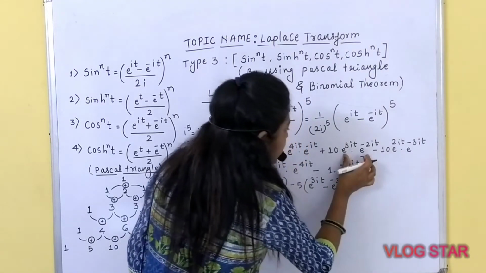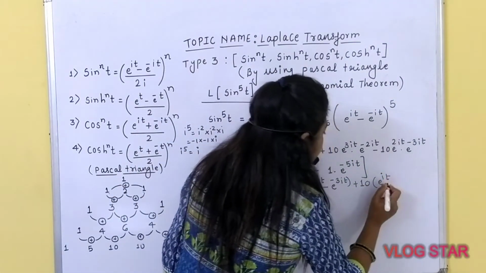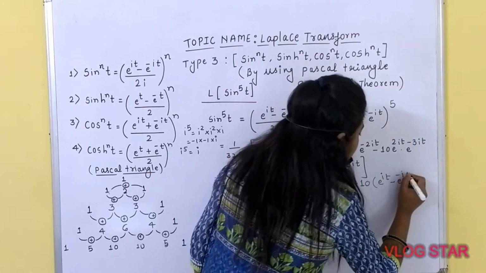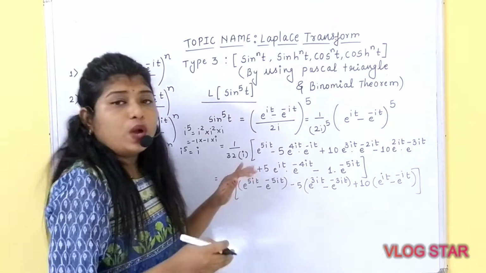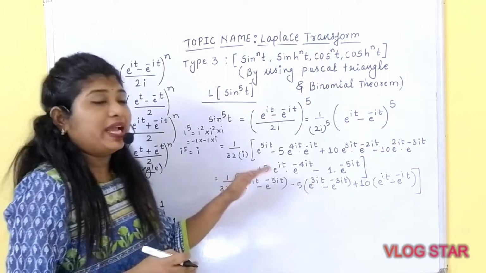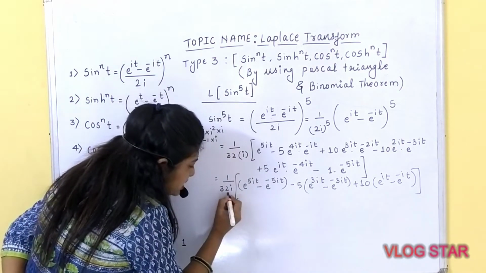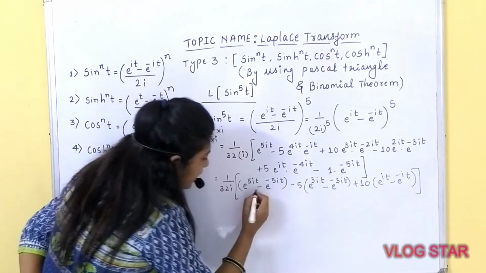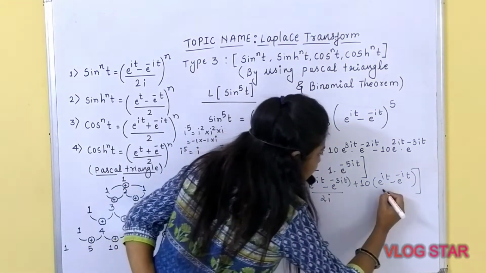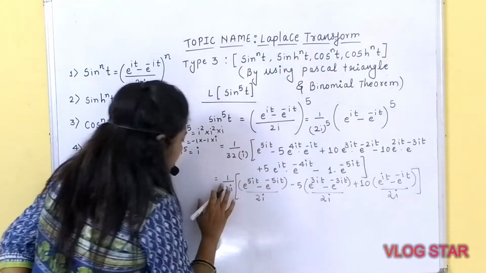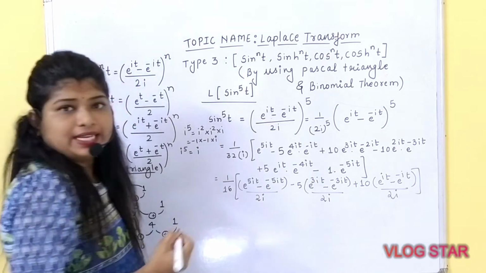Similarly, from this you can take 10 outside the bracket, and inside is (e raised to it minus e raised to minus it). If you remember the formula, (e raised to i theta minus e raised to minus i theta) by 2i. From this 32i, we have to take 2i inside the bracket. So outside the bracket, instead of 32i, I need to write 1 upon 16.